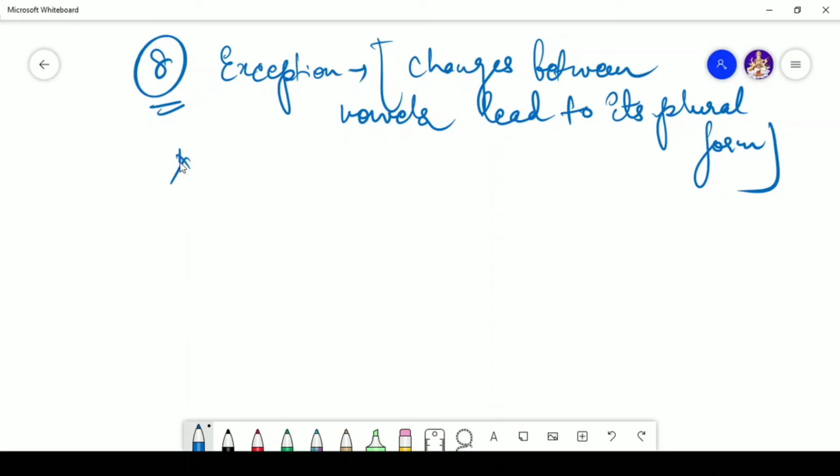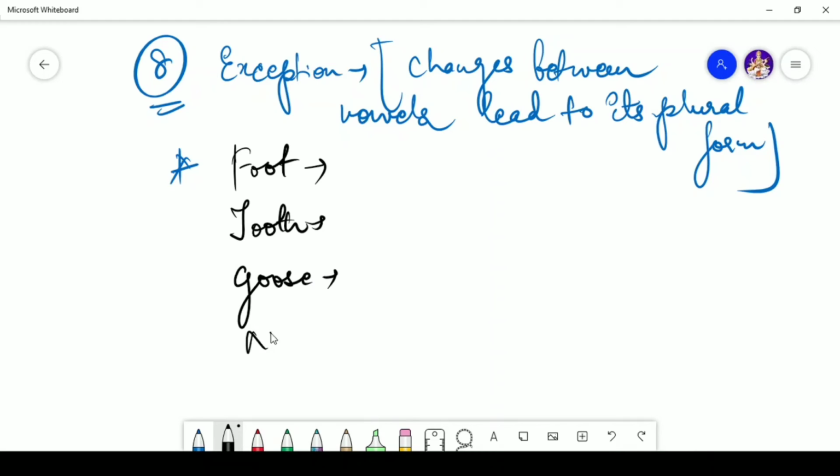Let's say, for example, if you are talking about foot or tooth, goose, mouse, then comes louse, or man, woman.